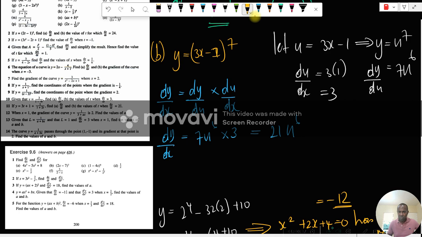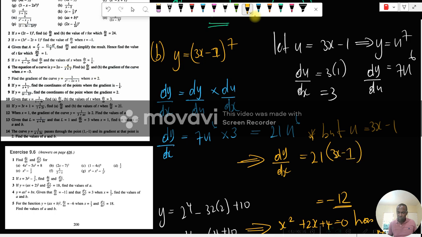But of course, u is equal to 3x minus 1. So therefore, dy by dx is equal to 21 times 3x minus 1 to the power of 6. And that is it right there.